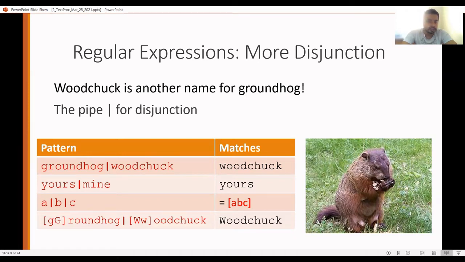So the left hand side, A|B|C, is equivalent to bracket open A, B, C, bracket closed as a regular expression. In the fourth and the final example, the groundhog and the woodchuck will get matched whether the W or the G is in lowercase or in uppercase.